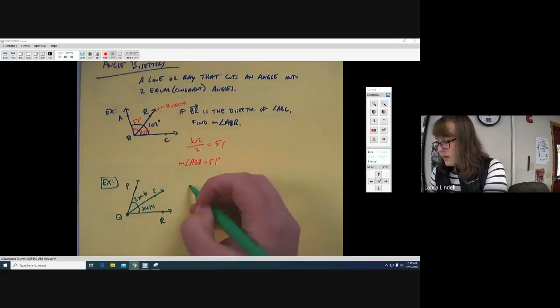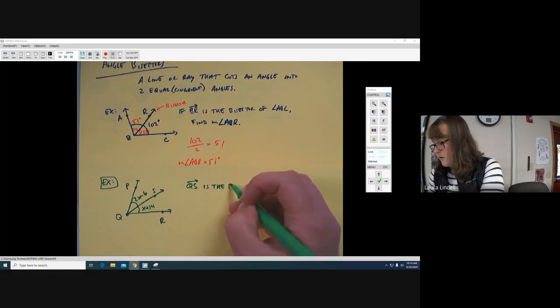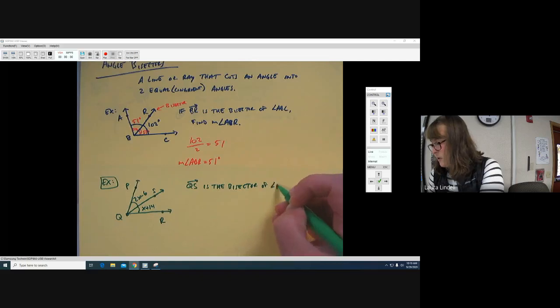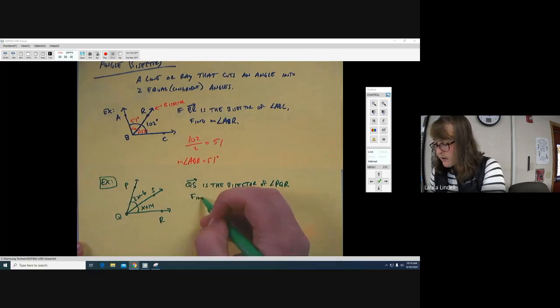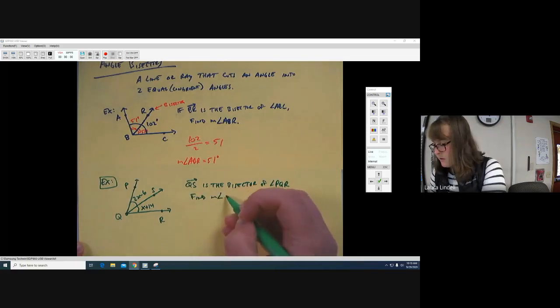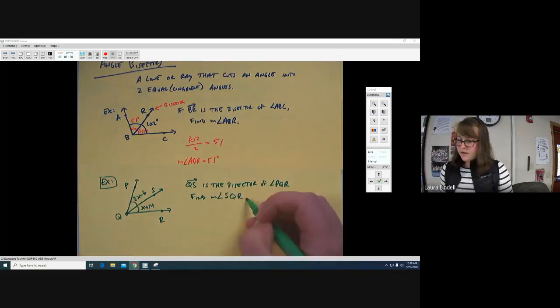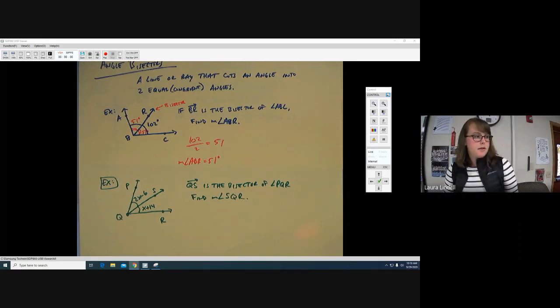And we're going to be told that QS is the bisector of angle PQR. And we want to find the measure of angle SQR. I'll give everyone a moment to write that. Okay.